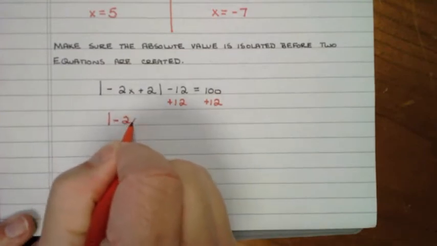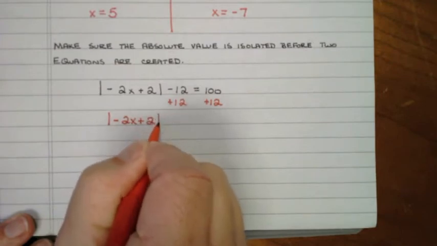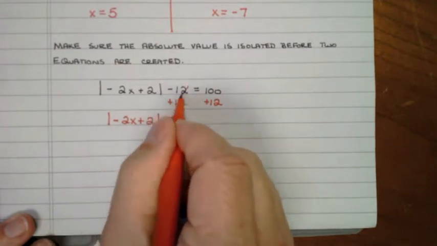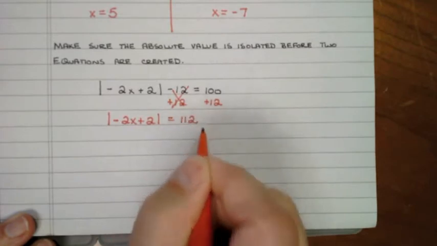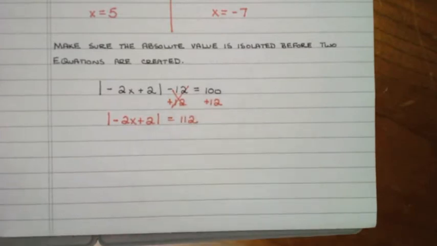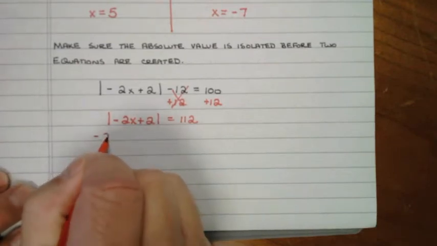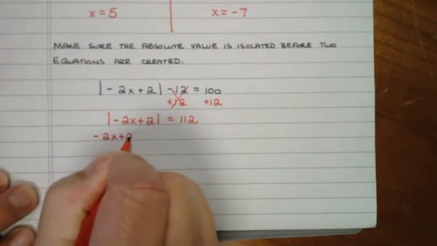Absolute value, these cancel out. 100 plus 12 is 112. Once this absolute value symbol is isolated, this is the point where you make two equations. You do not change what's inside.